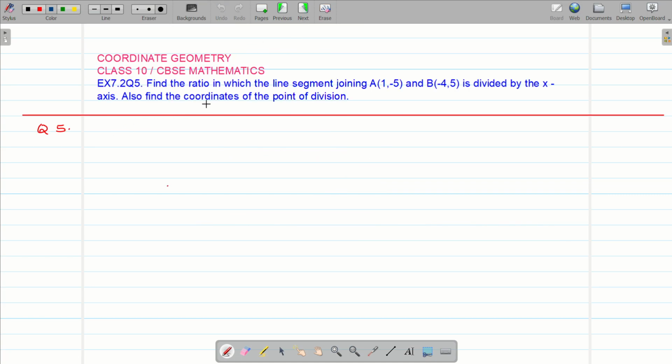Question number 5. Find the ratio in which the line segment A 1, -5 and B -4, 5 is divided by the x-axis, and also find the coordinates of the point of division.